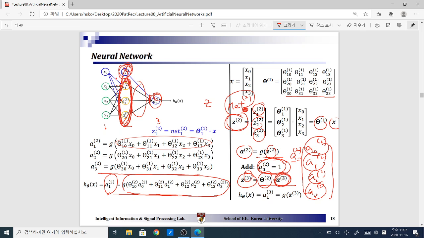Previously, the A vector seemed to have just three elements, but now the new A with a superscript 2 should contain 4 elements, and as a result this 4-element vector of A is dotted with the 4-element weight vector.